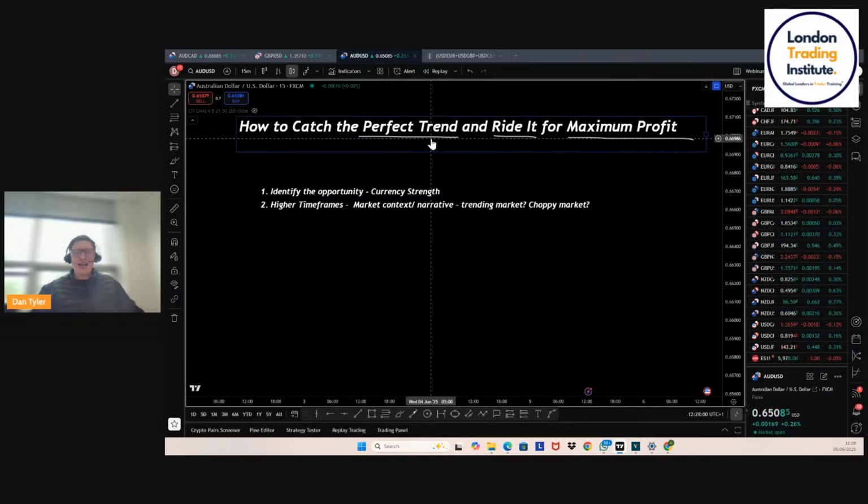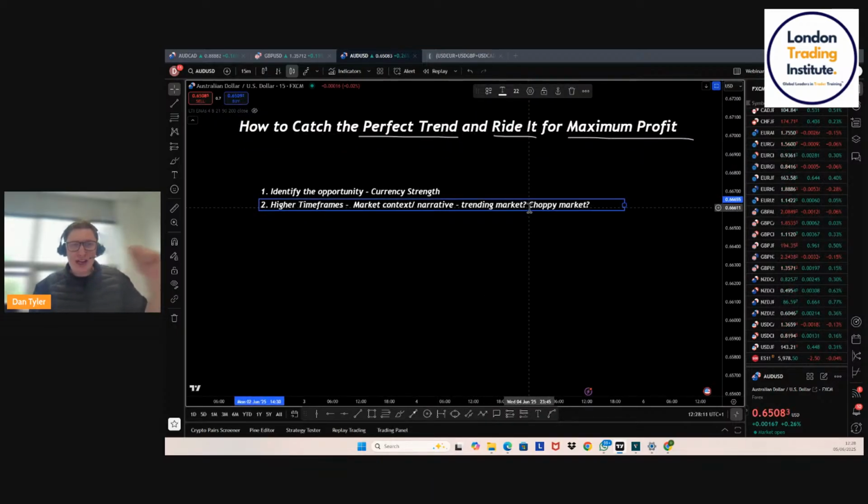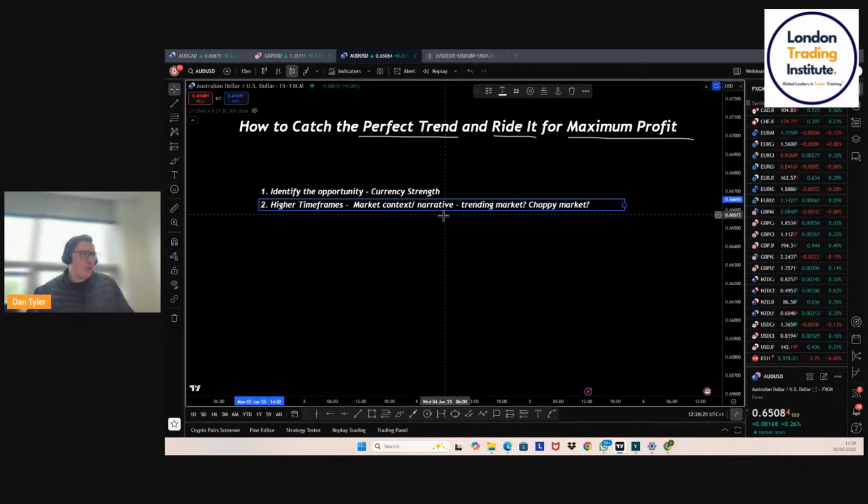If you're trying to catch a trend and you're wanting the market to really, really move, which would you rather trade in, a trending market or a choppy market? What I mean by choppy is something that's moving sideways, small movements, really volatile. It's just going up and down. What I mean by trending is that there's a clear direction. Which would you prefer? Or if you wanted to catch a trend, what do you think is the best market to trade, trending or choppy?